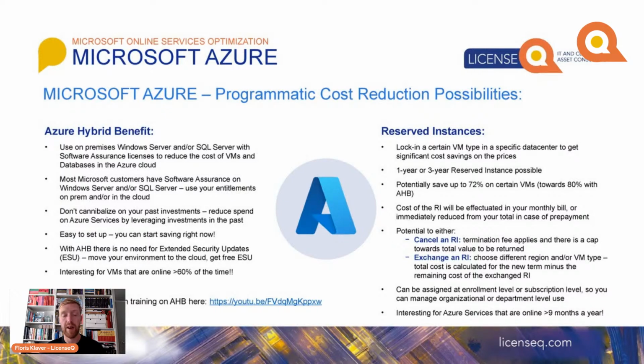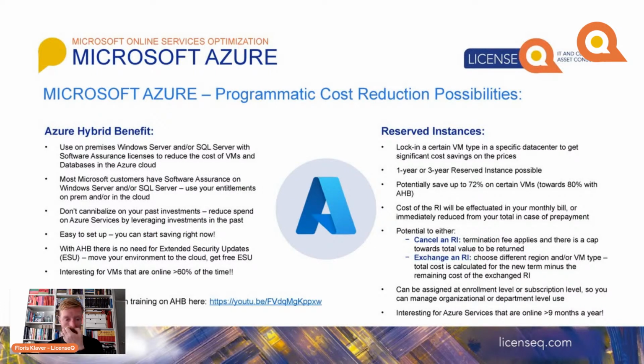So every VM that you have should at least have 8 cores of software assurance assigned to it. So albeit a 1-core VM, a 2-core VM, a 3, 4, 5, 6, 7, or 8-core VM, you need to assign a minimum of 8 core Windows Server software assurance licenses to these VMs.